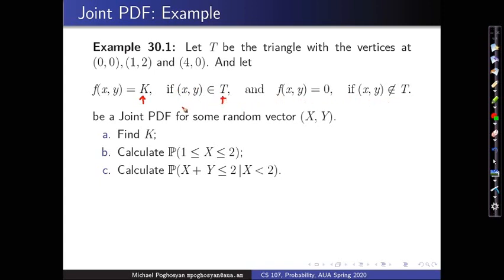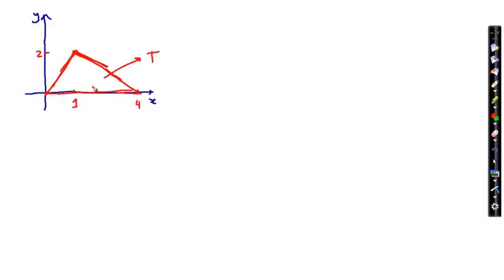Returning to our graph, our f is K in this region and 0 outside of this triangle.